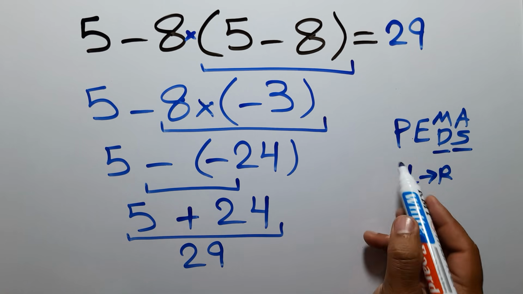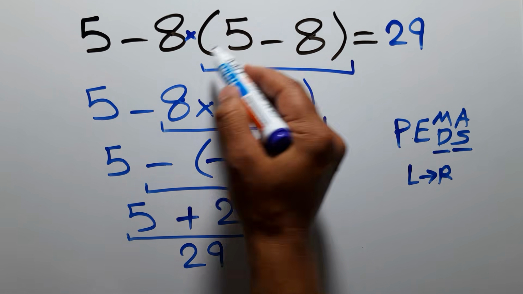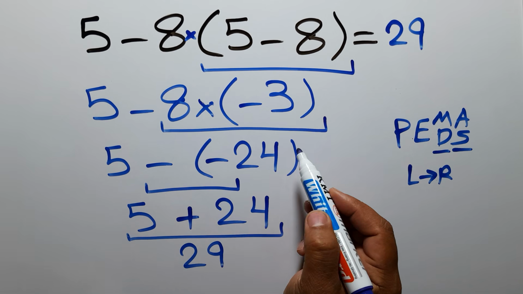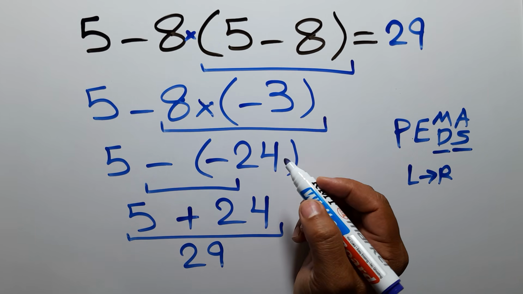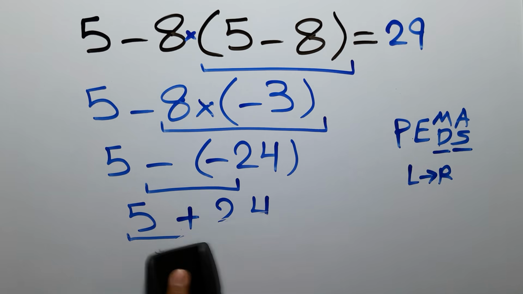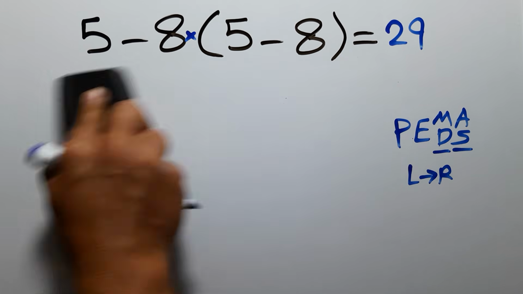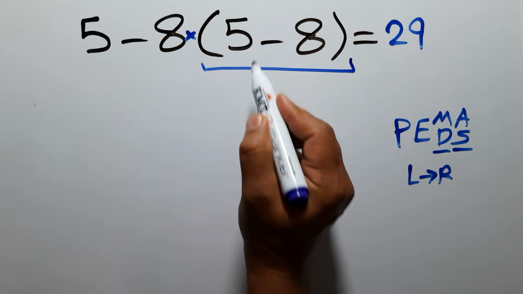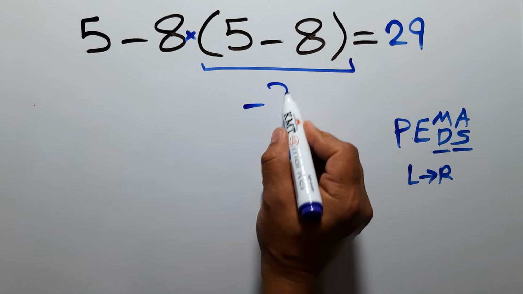But if you don't follow this rule and first do this parentheses, then this subtraction and finally this multiplication, you'll get the wrong answer. Let's do it. First, this parentheses. Inside this parentheses, we have 5 minus 8, which equals negative 3.